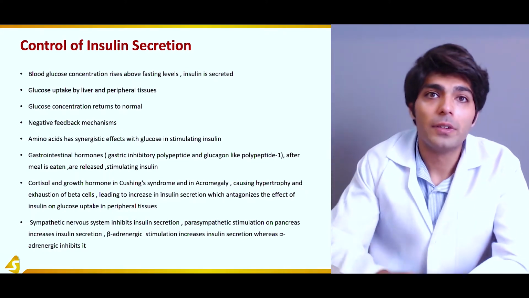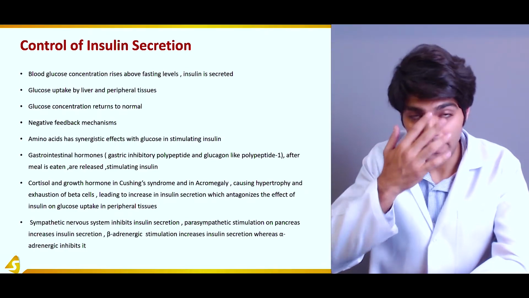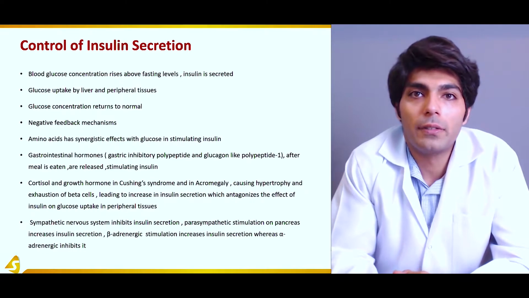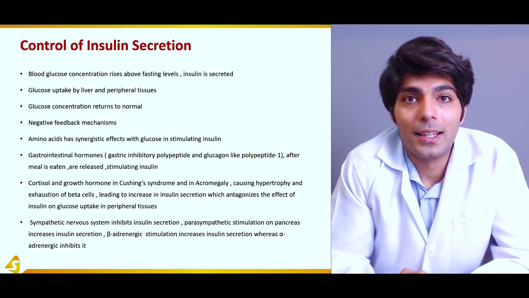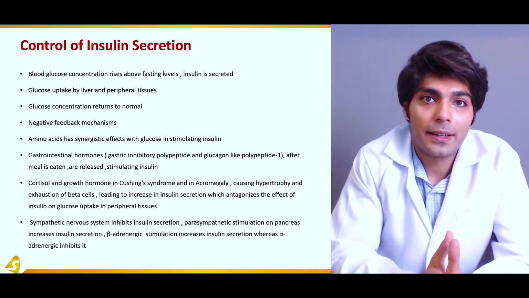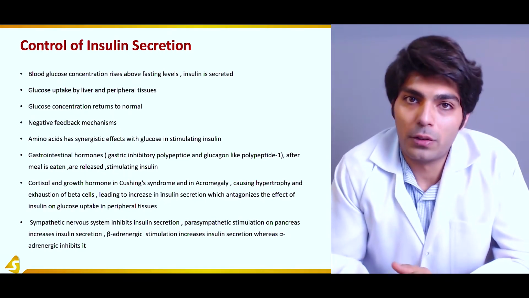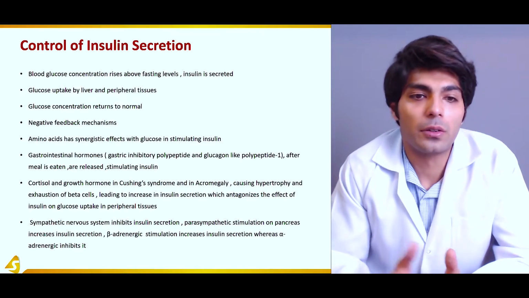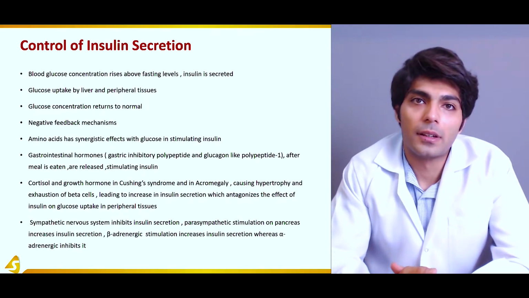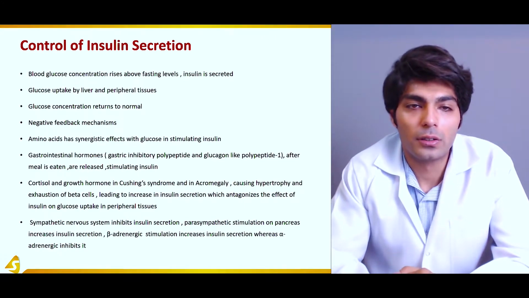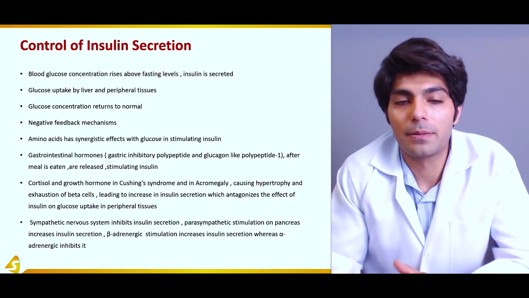Once it goes above 100 and moves close to 120, which is also called the pre-diabetic range, insulin starts to be released from the pancreatic islets, dragging glucose from the blood into the liver and peripheral tissue. So a negative feedback mechanism occurs.